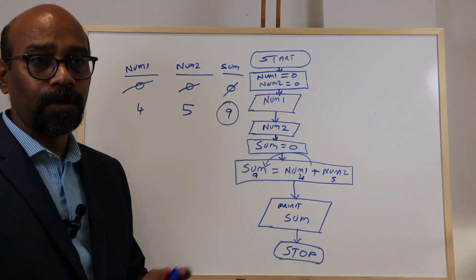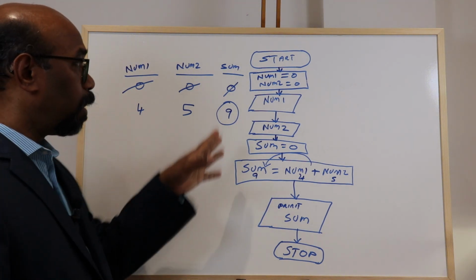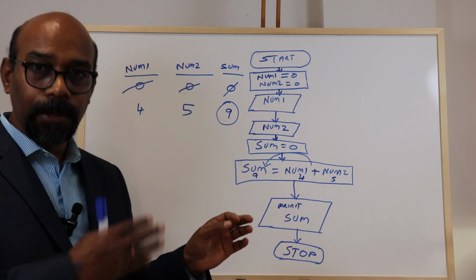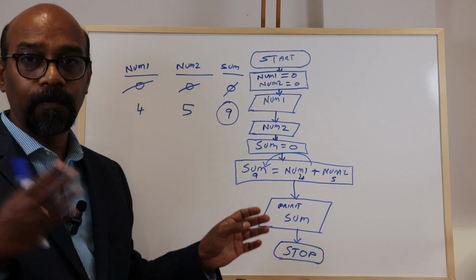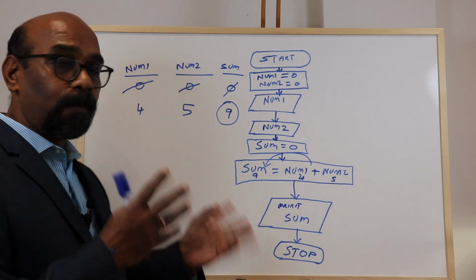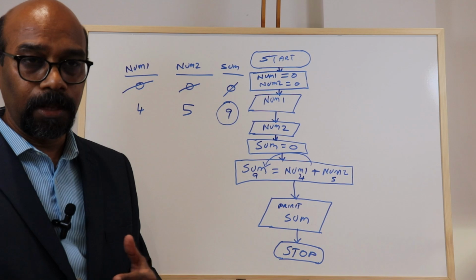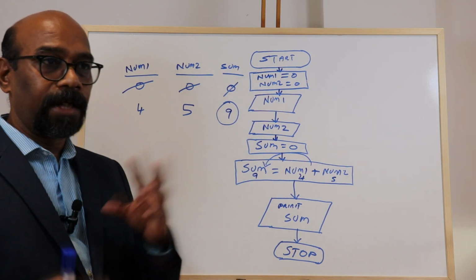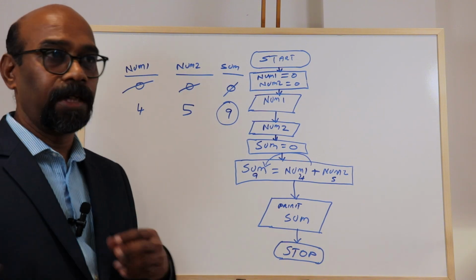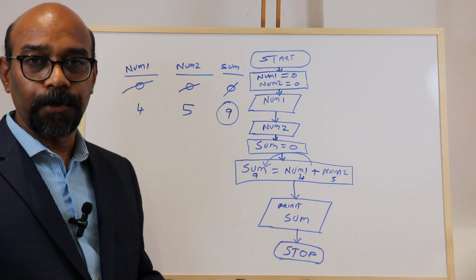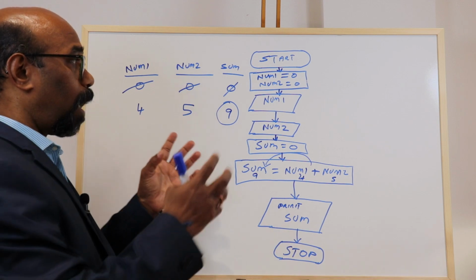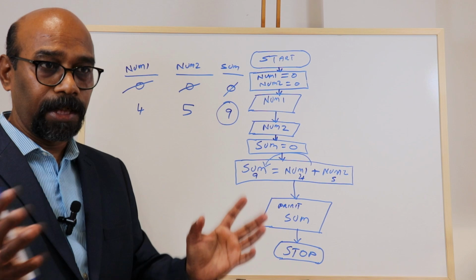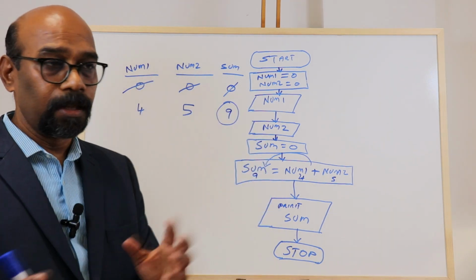This is the kind of flowchart I'm going to teach you in the next 40 to 50 videos. After problem solving skills development, I'm going to teach system analysis and design. We'll take a number of live projects, such as e-commerce, and decompose that big project into a group of elements.